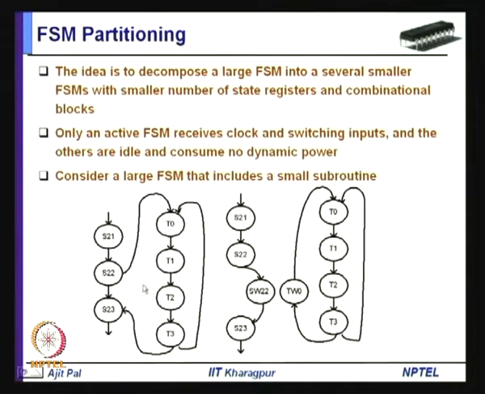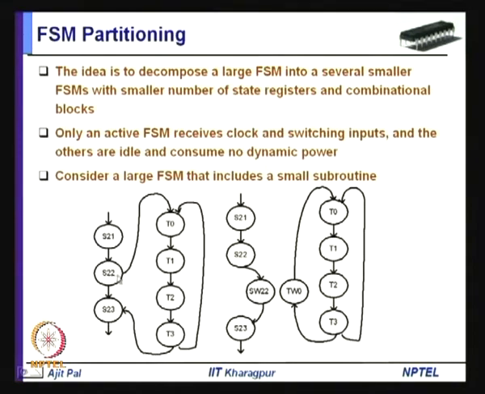So, in this case, as you can see, this is the original finite state machine, and we can say in this state transition diagram, this particular path corresponds to the main loop, the main program, and this can be considered as a kind of subroutine.